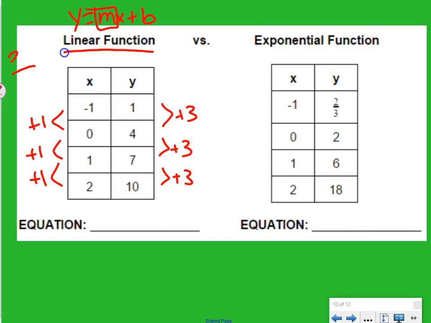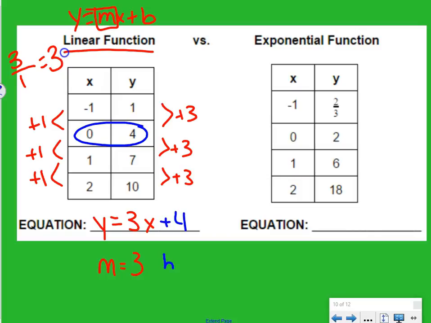So we would write our slope as 3 over 1, which would just be 3. So y equals 3x, because I know my m is 3. Now I just need to find my b. B is the y-intercept, and that's where x equals 0. So we would add 4 to our equation for the b.